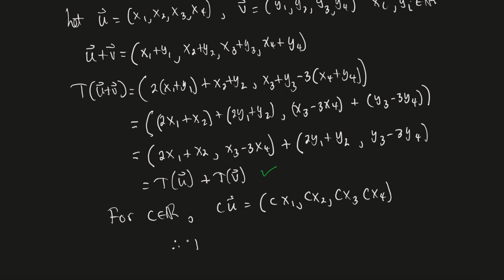So therefore, T of cu, so remember how we transform it? This says we double the first component, so 2cx1, and then add the second component, so plus cx2, comma, and then take the third component, cx3, and then do minus 3 times the fourth component, so minus 3cx4.